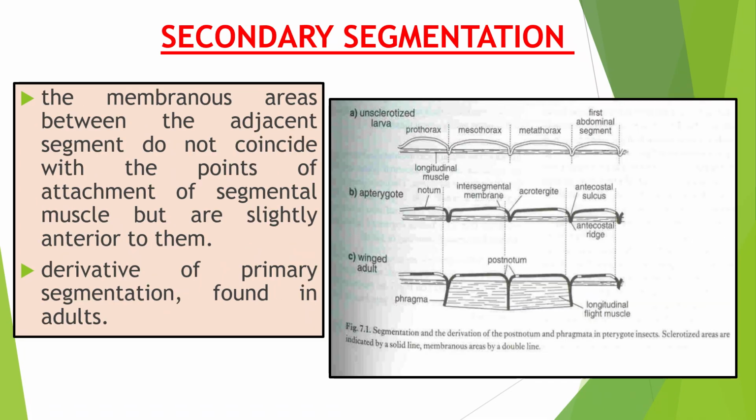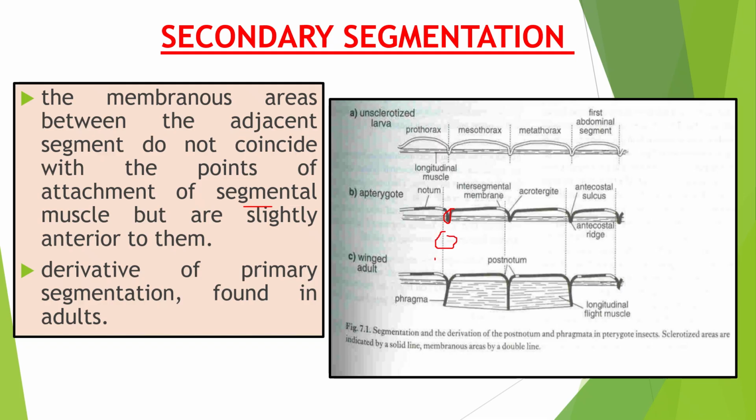Then we look into the secondary segmentation. This secondary segmentation is derived from the primary segmentation and is found in adult or winged insects as well as pterygotans. The membranous areas present between the adjacent segments do not coincide with the point of attachment of the segmental muscles, but are slightly anterior to them. Here in the figure you can see the constriction here and the muscle here.